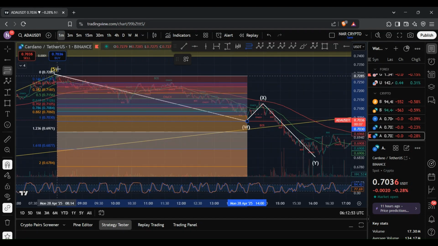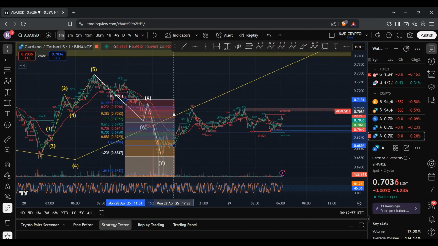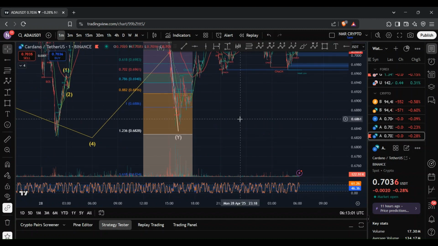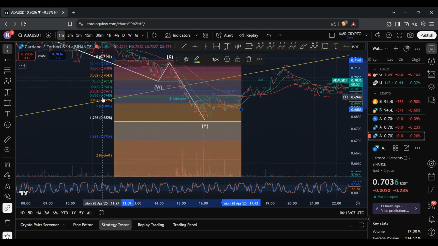So if I zoom in and bring that down to here, you can see that we ended up reaching our targets between 1 to 1.236. So again, this structure is complete.